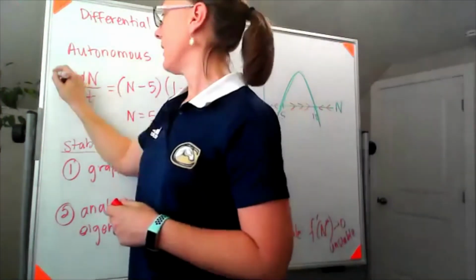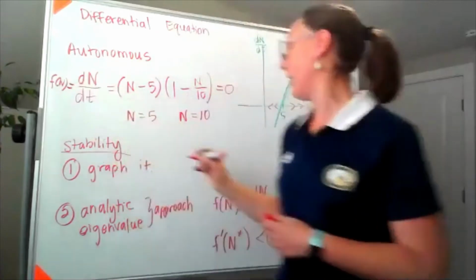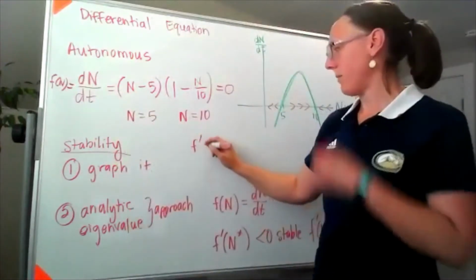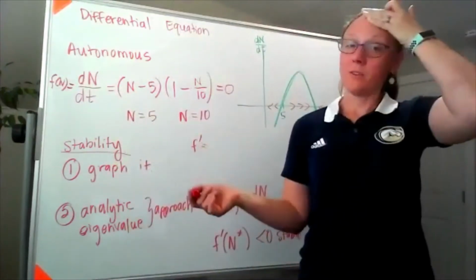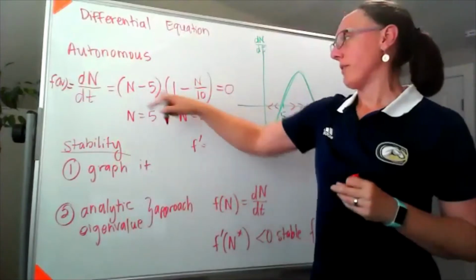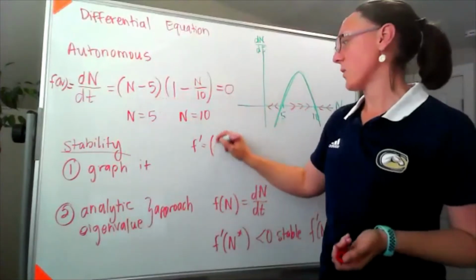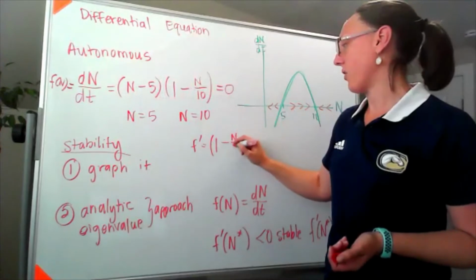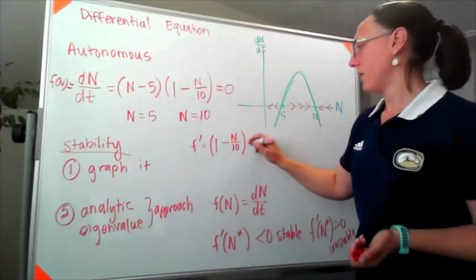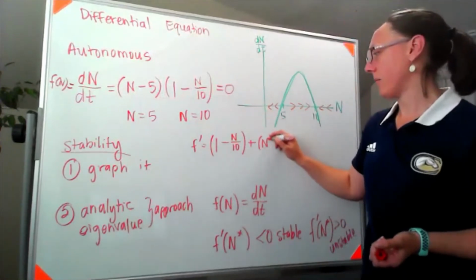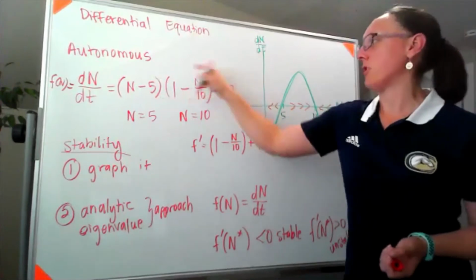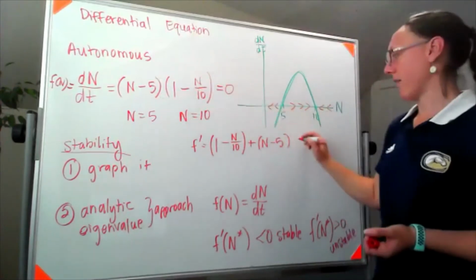For my f of n, then f prime, I'm going to use a product rule. The derivative of that first piece is 1, so I'll have 1 minus n over 10, plus, leave the n minus 5 alone, and the derivative of this would be negative 1/10.